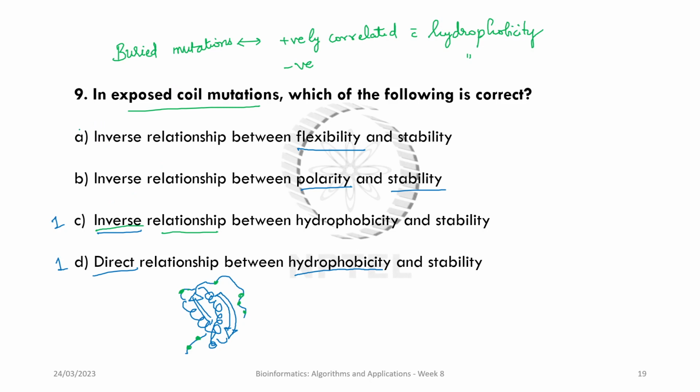So these three are your options. Amongst those, it's not about flexibility or polarity. It is hydrophobicity. If it were polarity, there should be a positive relationship ideally. But what we know from literature studies is that there's an inverse relationship between hydrophobicity and stability. So Malini is right.